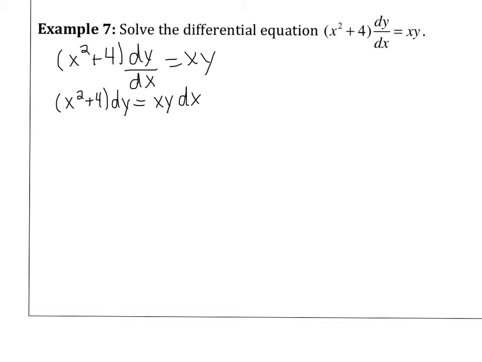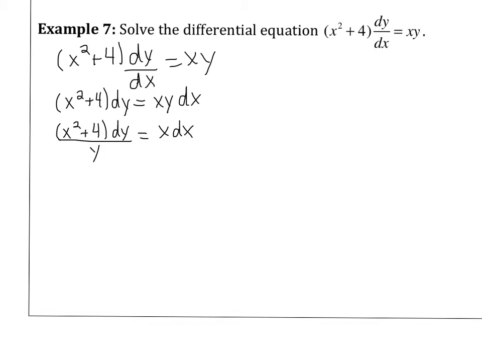Okay, now, yeah, you have a choice. Maybe I'll divide both sides by y first to move that y on the right over to the left, which gives me x squared plus 4 dy over y equals x dx.